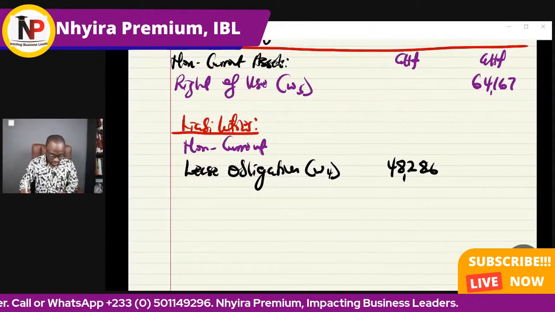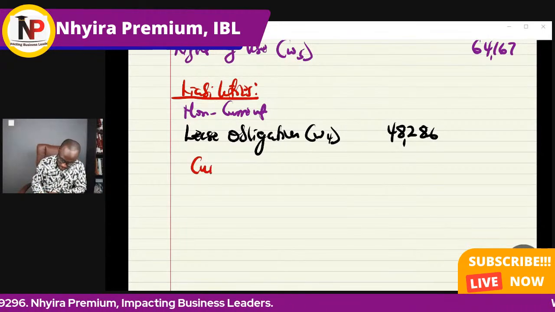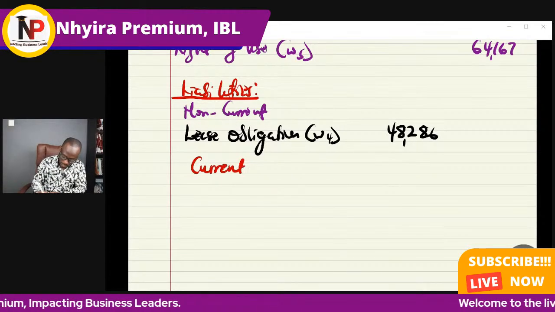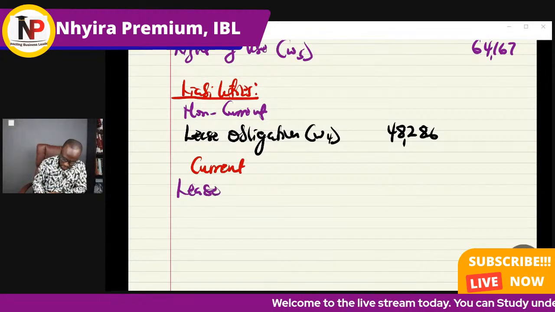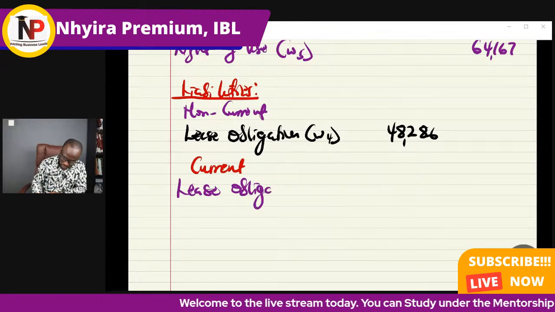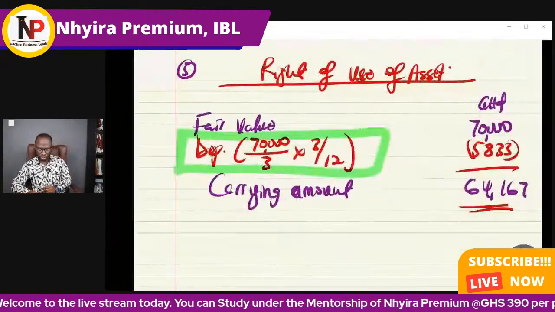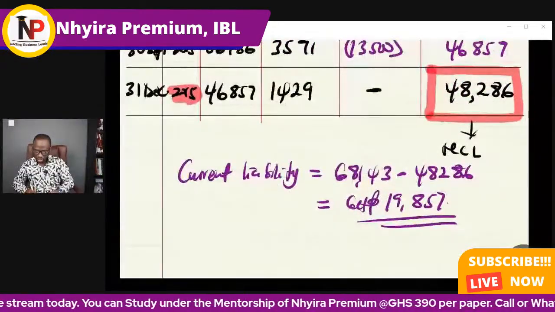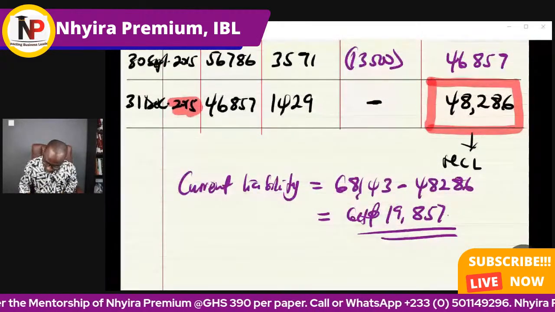Then we'll bring the current liability, and that's going to also be lease obligation. Still in workings 4, which was the balancing figure, 19857.